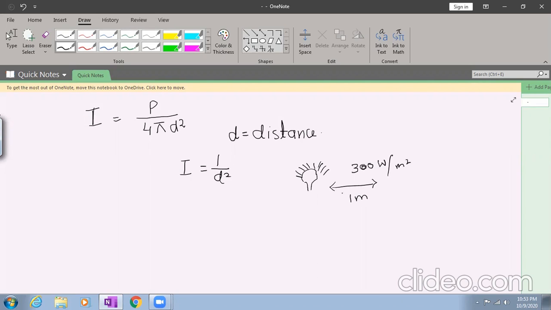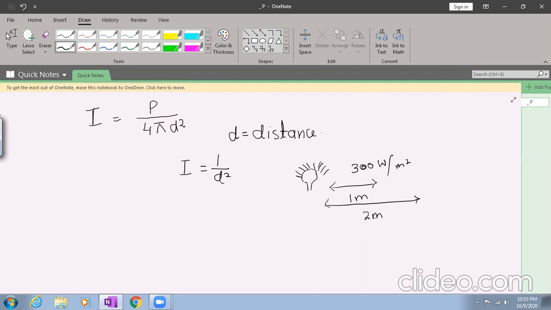Am I clear? Now if I increase this distance and it is now 2 meters, what should the light intensity be?